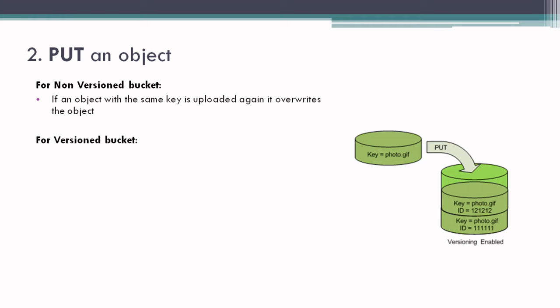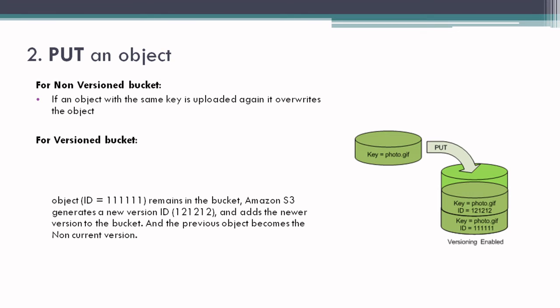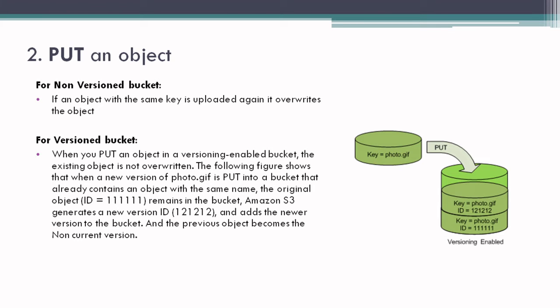But there is a different case in a version bucket. When you put an object in a version-enabled bucket, the existing object is not overwritten. Here it will get overridden, but there it will not. The following figure shows that when a new version of photo.gif is put into the bucket that already contains an object with the same name, the original object, for example ID 111, remains in the bucket.